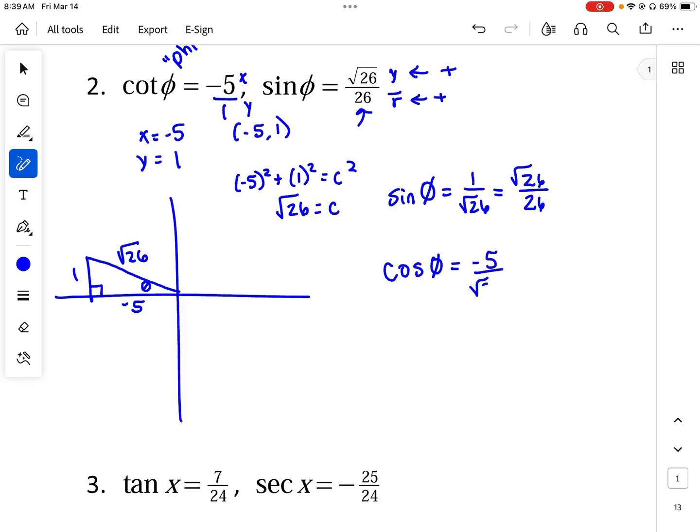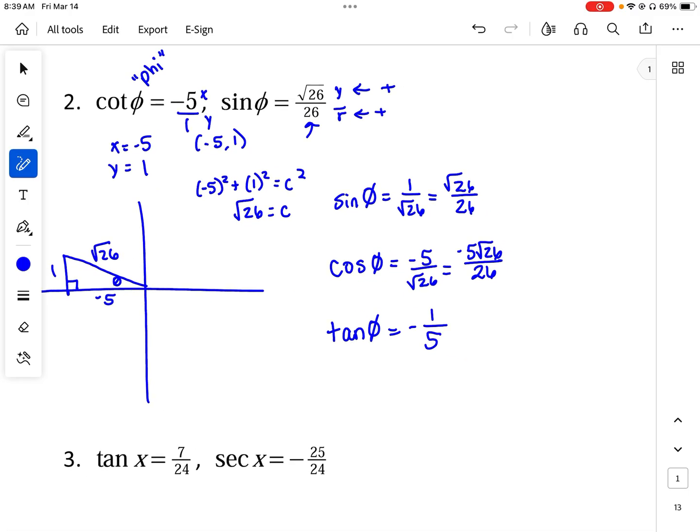Cosine is negative 5 over square root of 26, so negative 5 square root of 26 over 26. Tan is 1 over 5, negative.